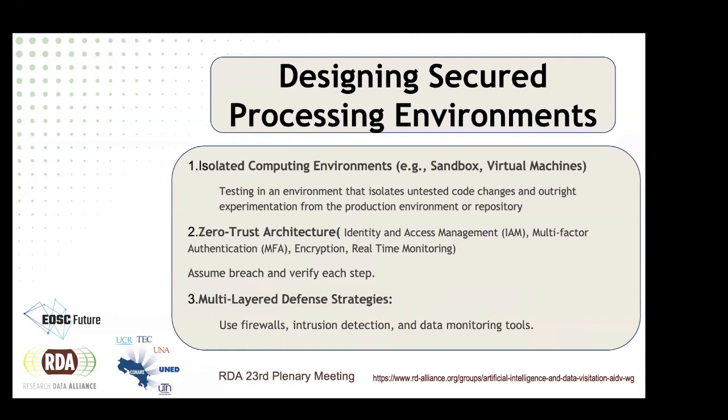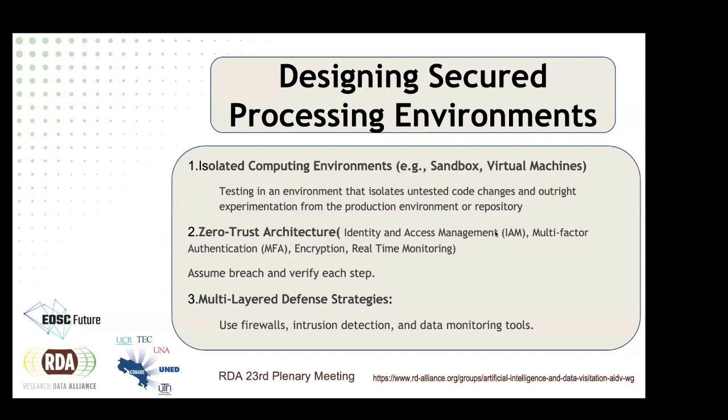We know we have things like sandbox virtual machines, whereby AI model developers can do their testing in an environment that is isolated, isolating untested code changes and outright experimentation from the production environment or repository to avoid attackers in different forms invading into the secured environment, the processing environment.